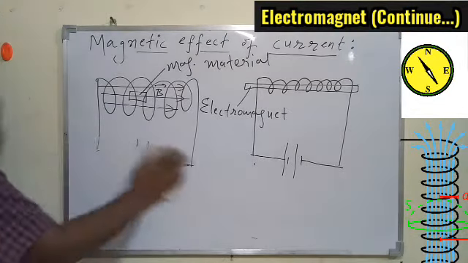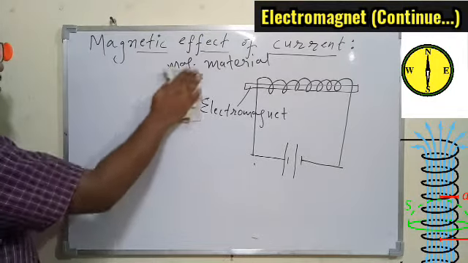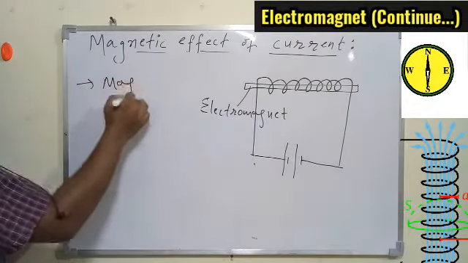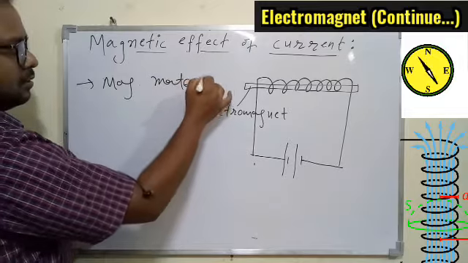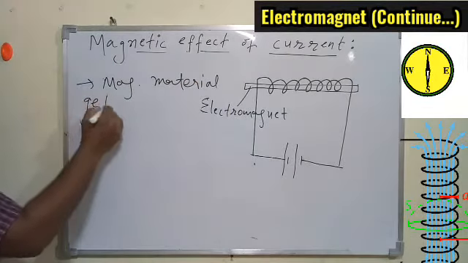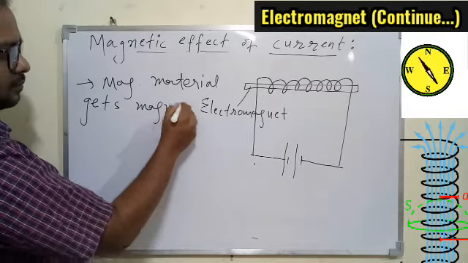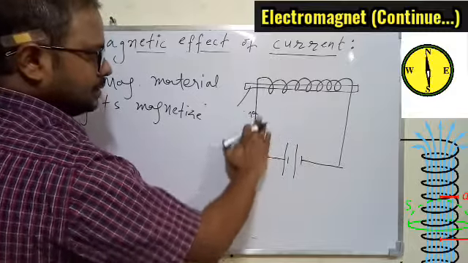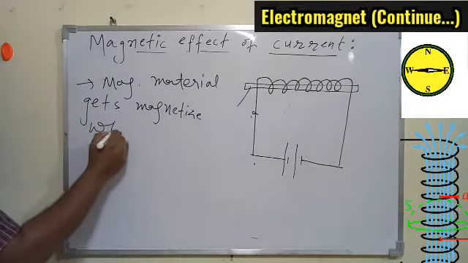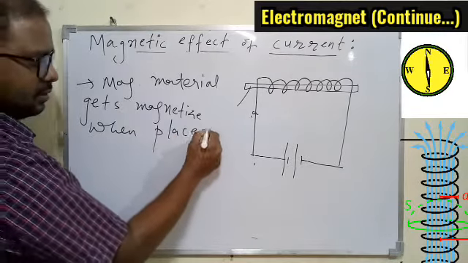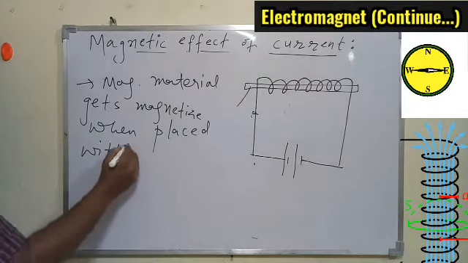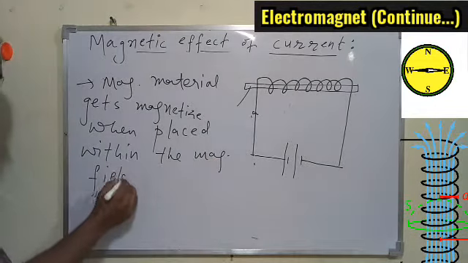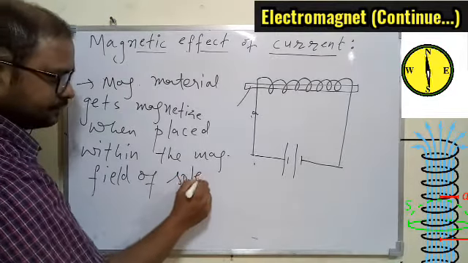So we can write down this note as well, that is, magnetic material gets magnetized when placed within the magnetic field of the solenoid.